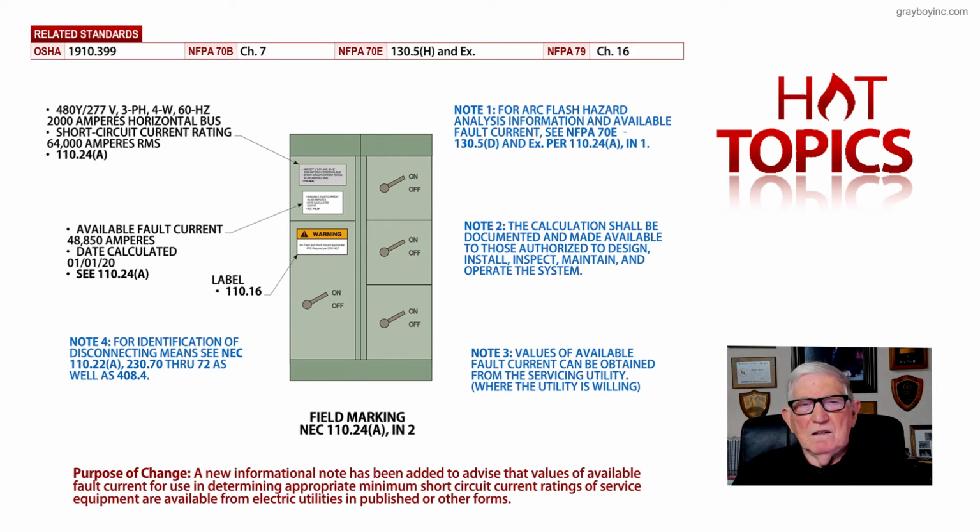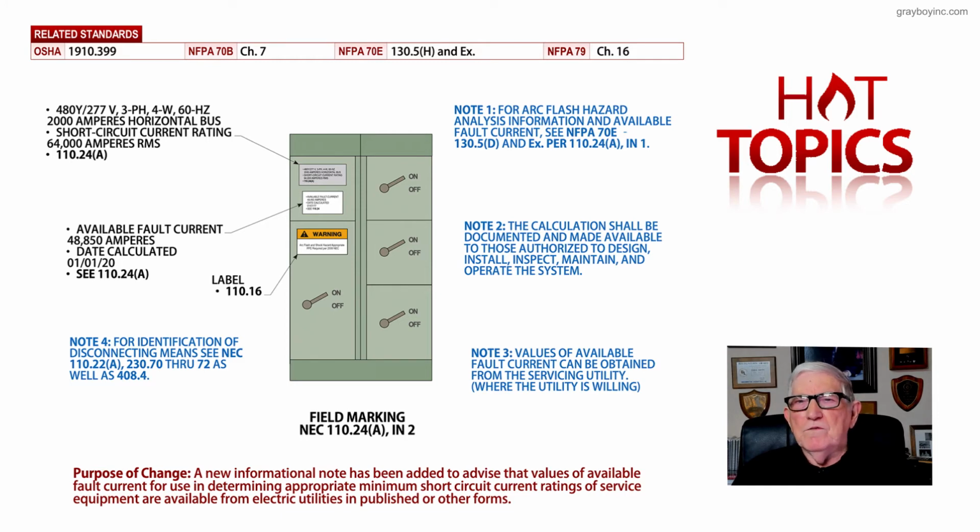Now, the next thing I would like to call out, acceptance of equipment and so forth. Look at OSHA 1910.399. Now that's Subpart S of OSHA 1910, the General Industrial Standard. And then Chapter 7 of 70B goes through these maintenance rules where labels are so valuable to the maintenance electrician.